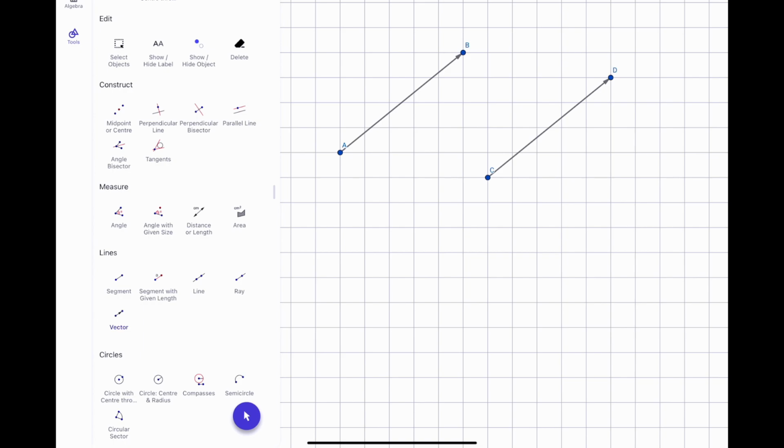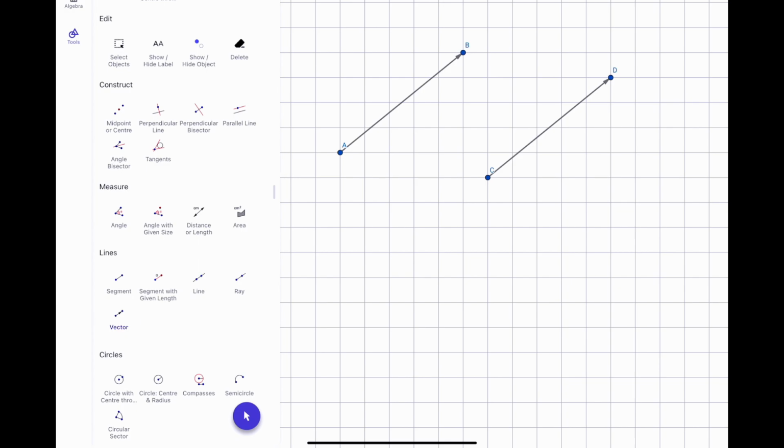I am drawing them from different points. The first one starts from point A, ends at point B. The second one starts from point C, ends at point D. But vector AB is exactly equal to vector CD, because they have the same length and they are pointing in the same direction.